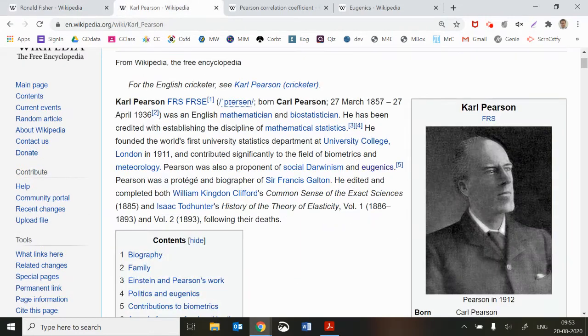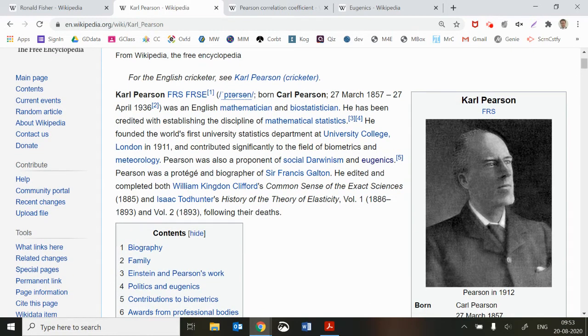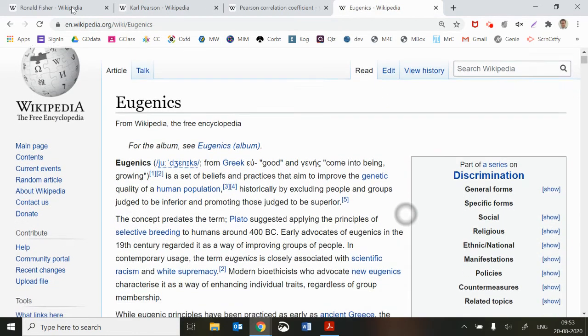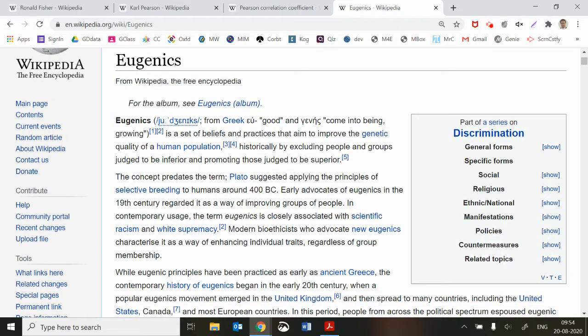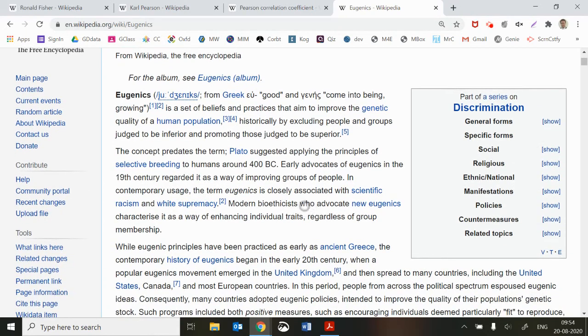Likewise, when you see Carl Pearson, you'll also see Pearson was a proponent of social Darwinism and eugenics. If you don't know, eugenics is a set of beliefs and practices that aim to improve the genetic quality of a human population. And this is a topic now where we're talking about augmenting our abilities with technology, or selecting the right genes to sort of breed out diseases or illnesses, I suppose.